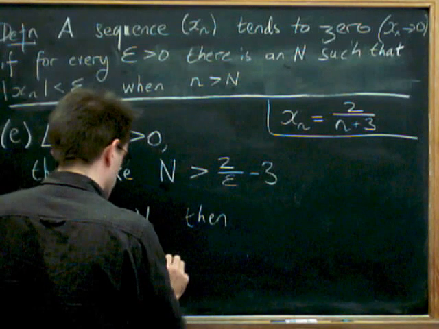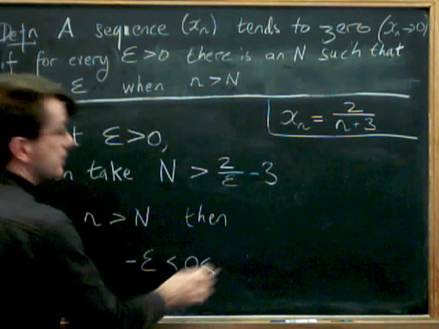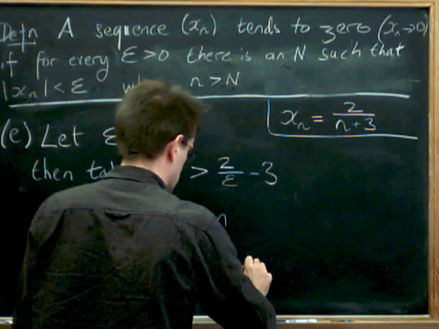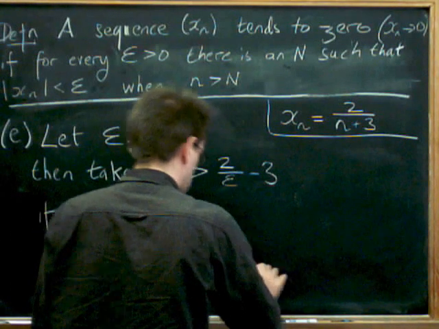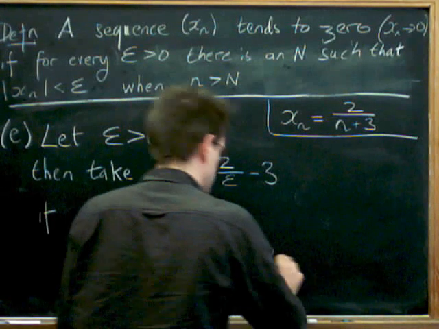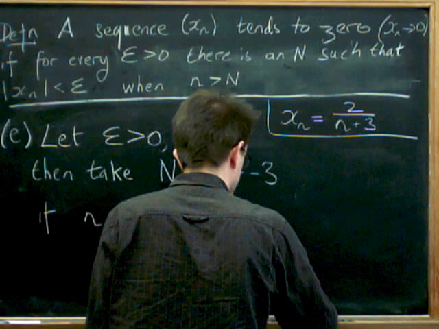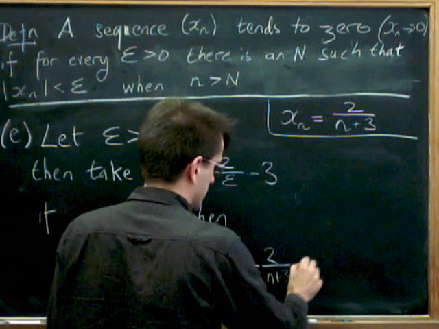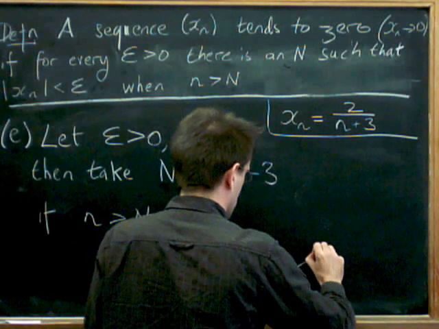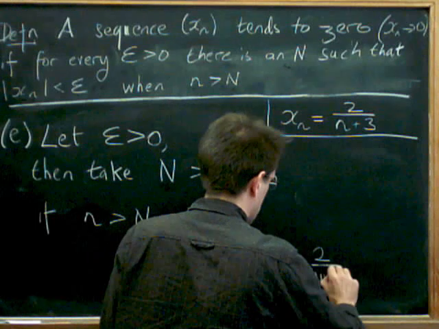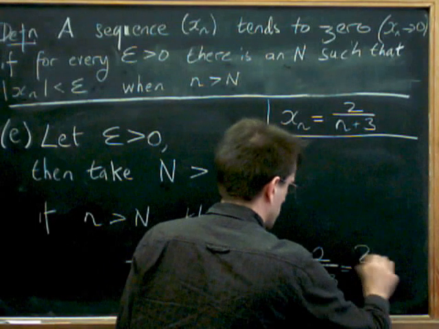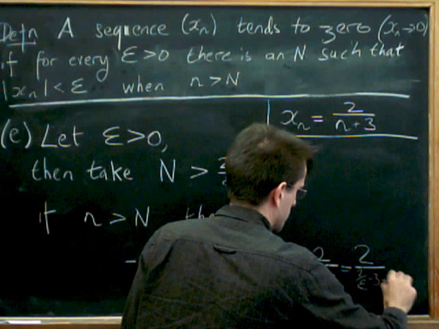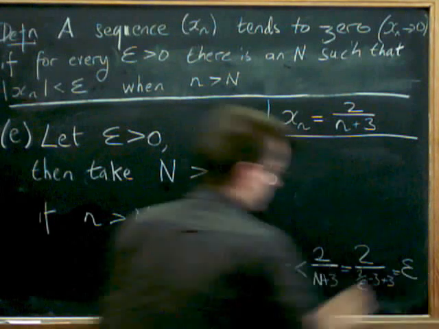But minus epsilon is less than 0, and we always know that this sequence is bigger than 0, so we need only show xn is less than epsilon. Now xn is equal to 2 over n plus 3, which is less than 2 over big N plus 3, which is equal to 2 over epsilon minus 3 plus 3, which is equal to epsilon.